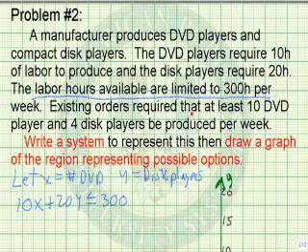We also have that at least 10 DVD players be made per week. So that means X has to be greater than or equal to 10. Finally, 4 disc players must be produced per week. So that means Y has to be greater than or equal to 4.